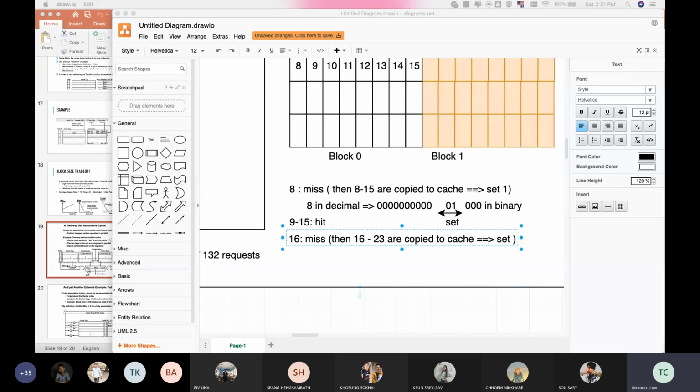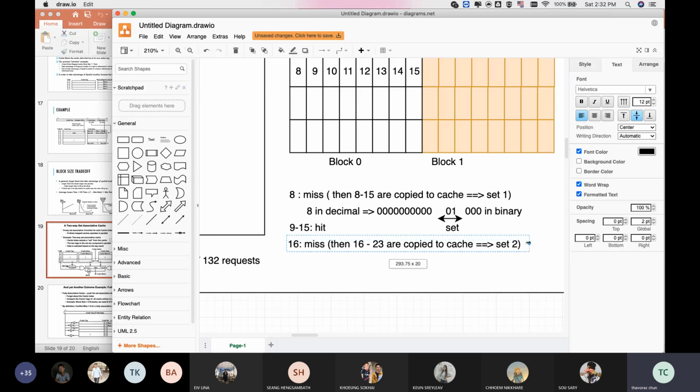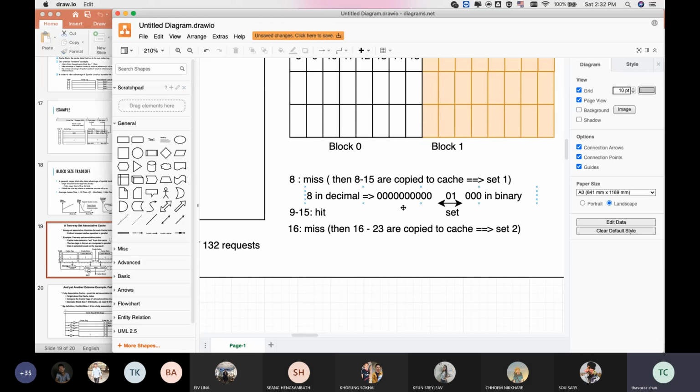So here from address 16 to 23, going to copy in set number 2. Okay, that's because I already calculated. That's why I know. And if you want to confirm to make sure, you can do just like what I have done here. Okay, so we are copied to set number 2.